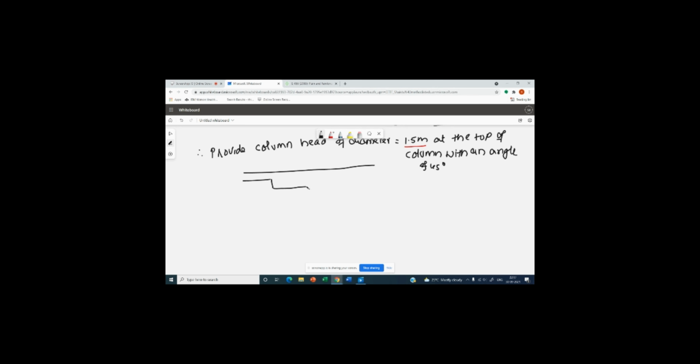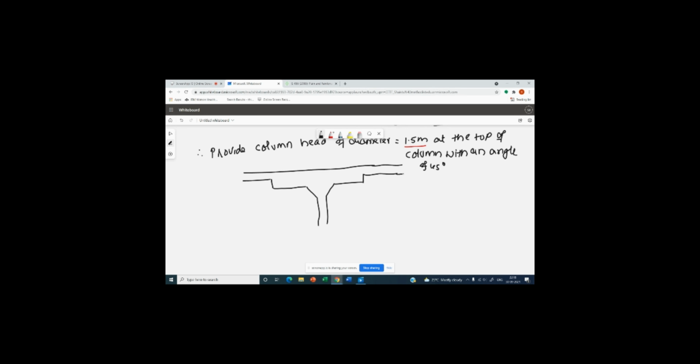Then you'll have a column like this. This is the column head, this is the column. The column is being flared up. Then this is the panel, then you'll have the thickness reduced to the slab.